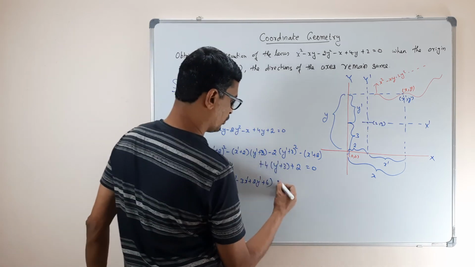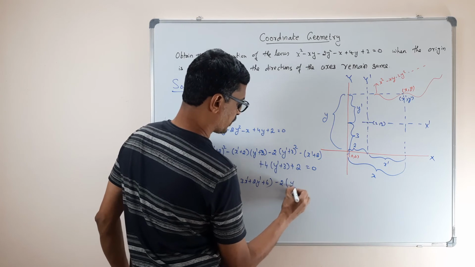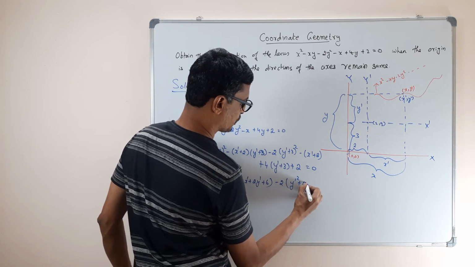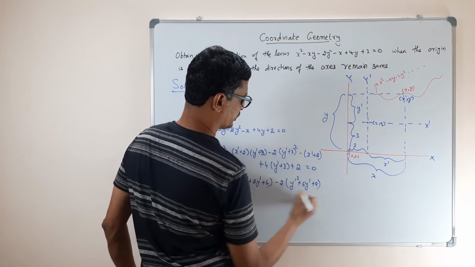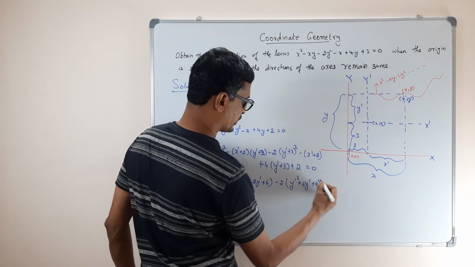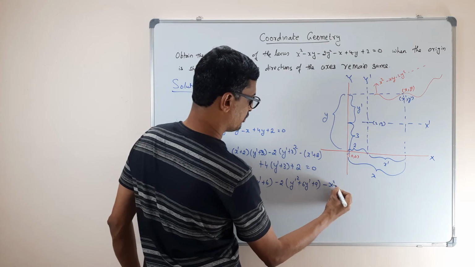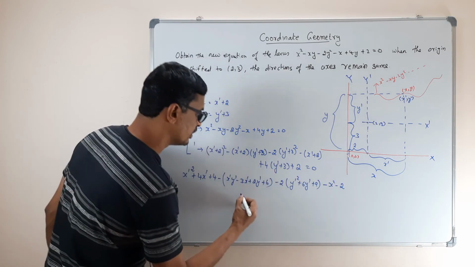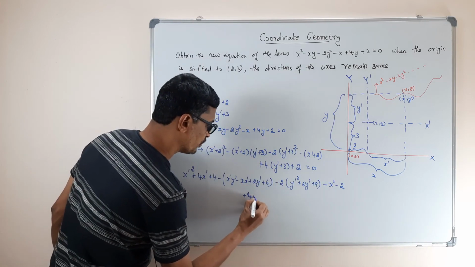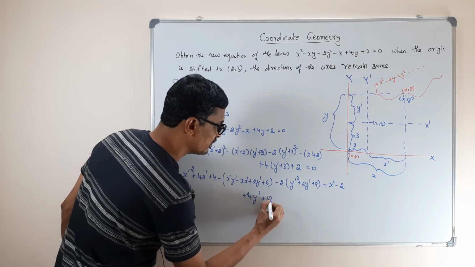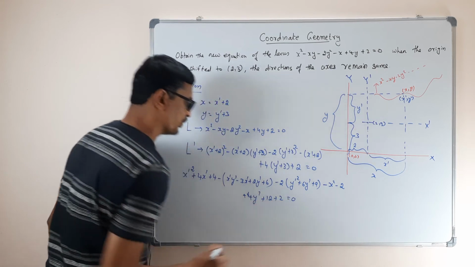Okay, and then this one minus 2 into y prime square plus 6y prime plus 9. Then tell me this. Minus 4 times this x prime is na? x prime minus 2. This is plus 4y prime plus 12 plus 2 is equal to 0.